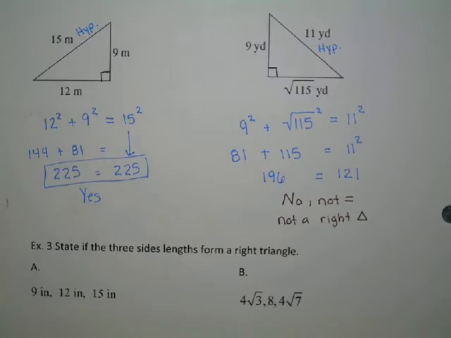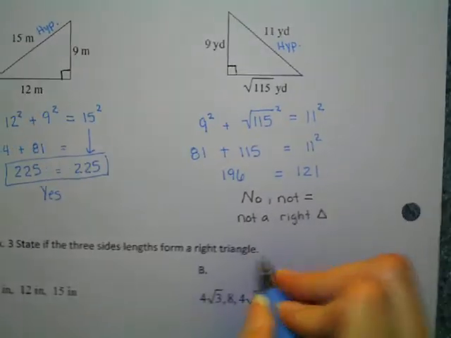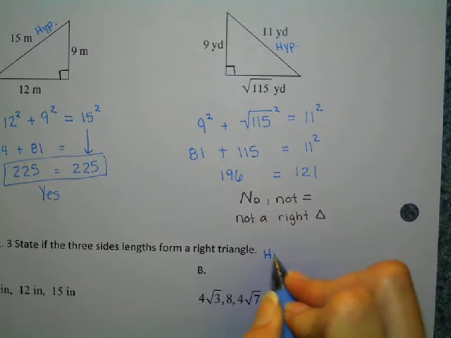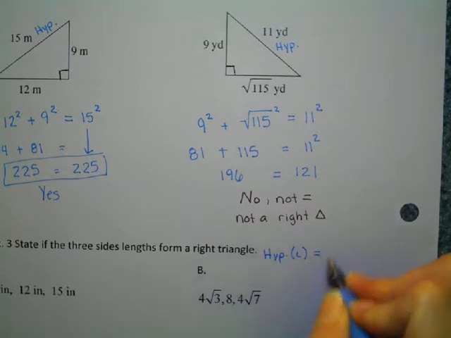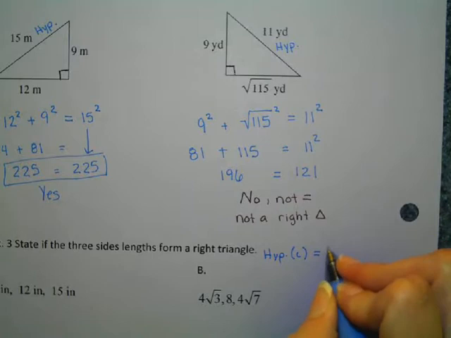Okay, this is the same idea, only instead of giving you a picture with three numbers on it, they give you just three numbers. So how do I know which of those three numbers is the hypotenuse? In order to know that, your hypotenuse, or your C term, I'm going to put in parentheses, the C equals, it's the longest side or biggest number.